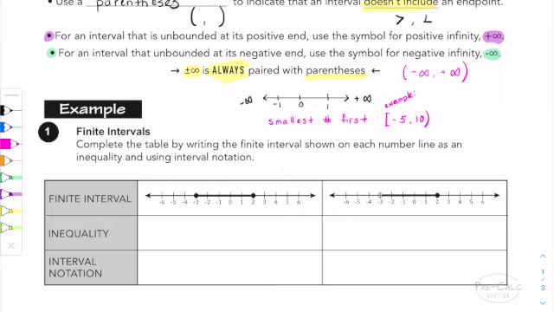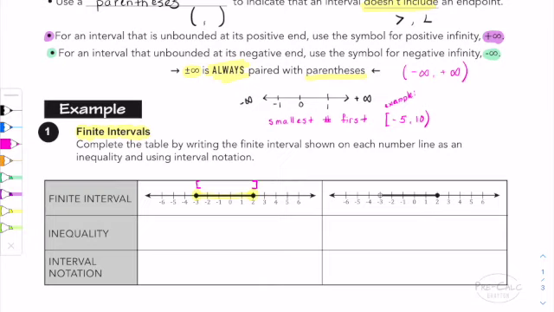Okay, the first example set talks about finite intervals. So these are intervals that fall between endpoints. They might be closed or open endpoints, but they have an actual endpoint. So for the first one, we see a number line, and it appears that the values are between -3 and +2. At both of these numbers, we have closed circles. So closed circles represent square brackets.